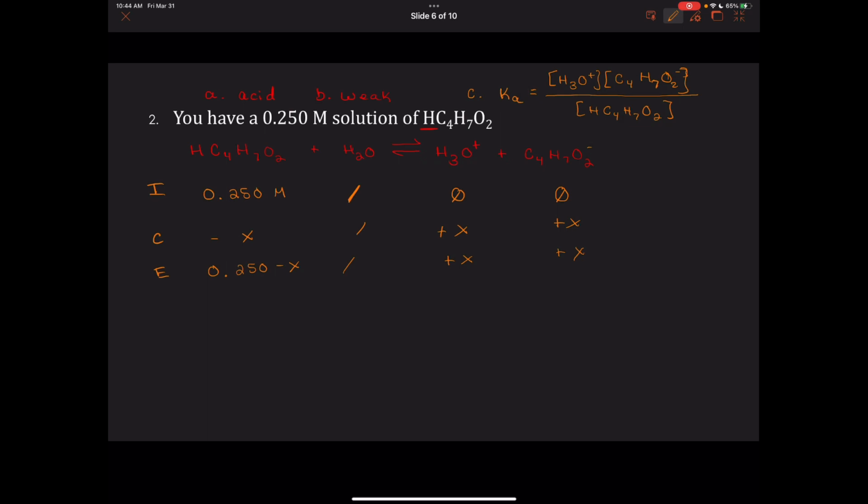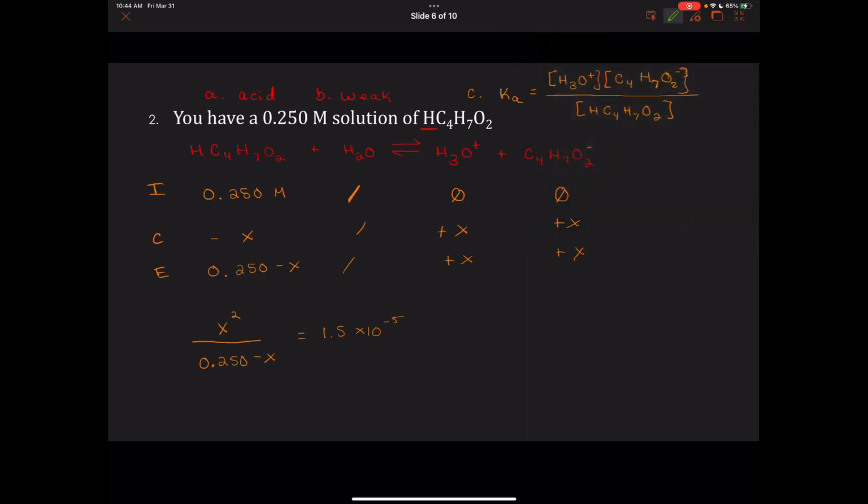So I have X for hydronium and X for my conjugate base. So X times X will give me X squared divided by my acid concentration, which is 0.25 minus X. And that equals our K of 1.5 times 10 to the negative fifth.